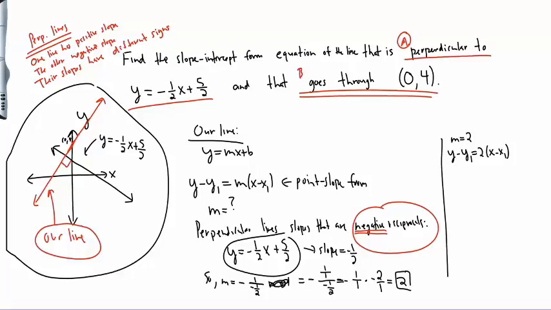So now let's use the second property, that it goes through this point. Substitute in 0 for x1, 4 for y1, and we get this. And then transforming that into y equals mx plus b, let's first eliminate the parentheses by distributing.